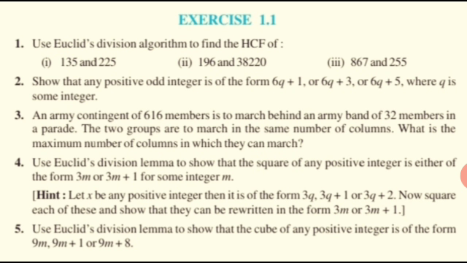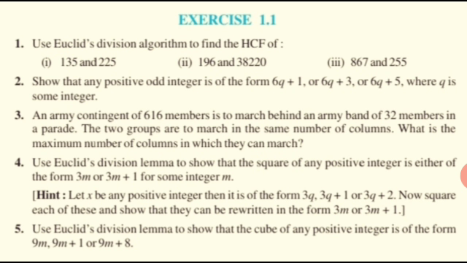Start guessing. What is supposed to be done? Okay, let me read out the question first. What is the maximum number of columns in which they can march? Children, if you think of the number of columns that they can stand in, they will have the same number of columns for both army band and army contingent.